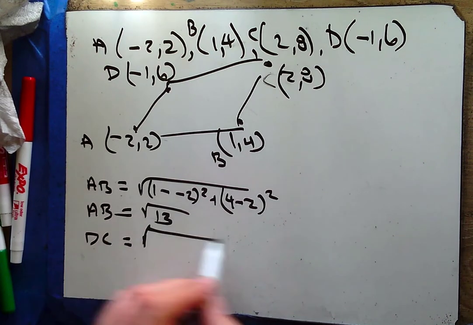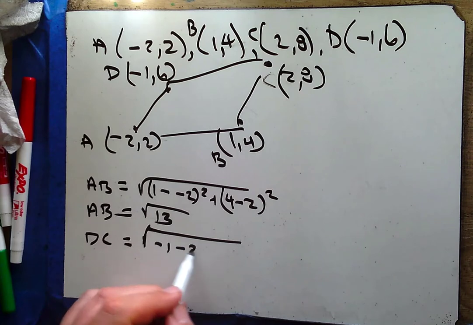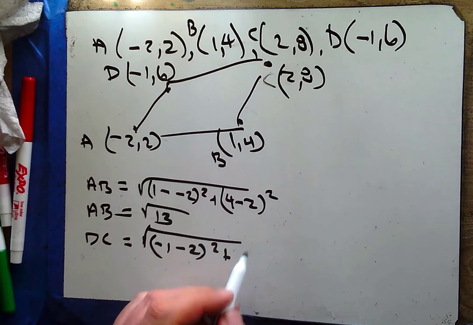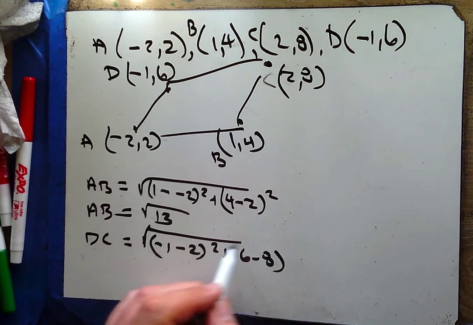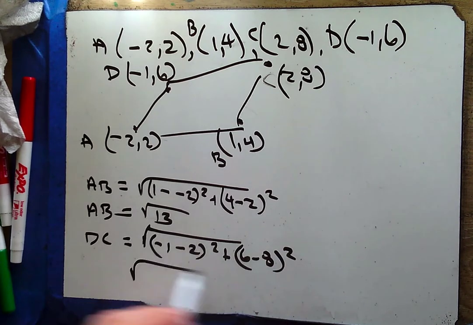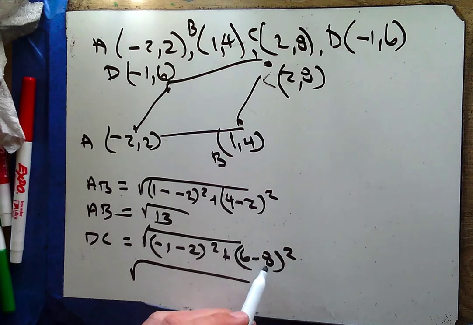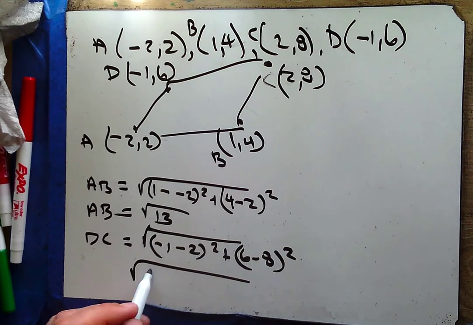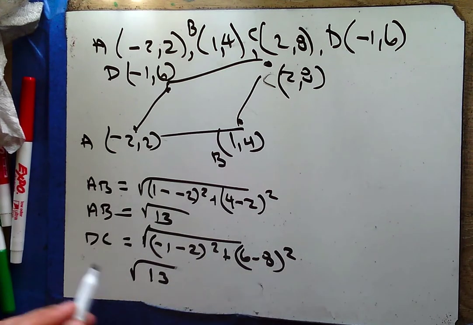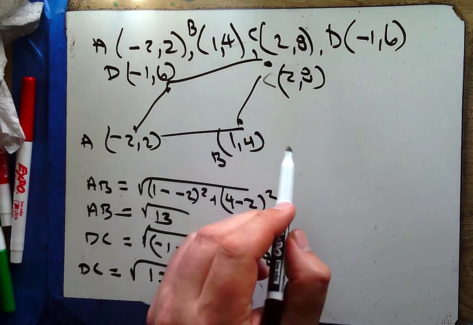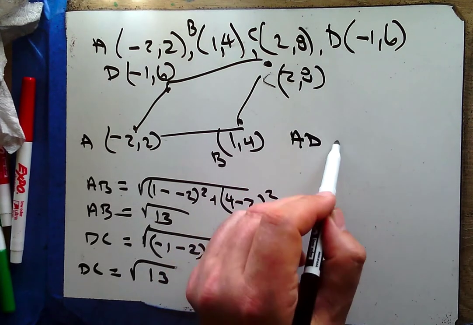That's going to be the square root of negative 1 minus 2 squared plus 6 minus 8 squared. So that's going to be negative 3 squared, which is 9. It's going to be negative 2 squared, which is 4. 9 plus 4. Square root of 13. Well, that pair of opposite sides is congruent. But I need 2 pairs of opposite sides to be congruent if this is going to be a parallelogram.